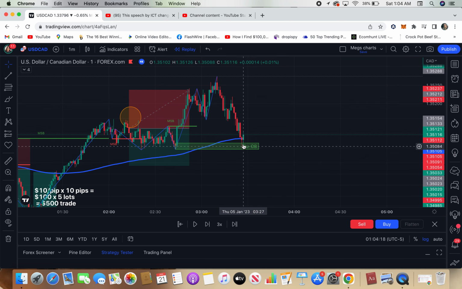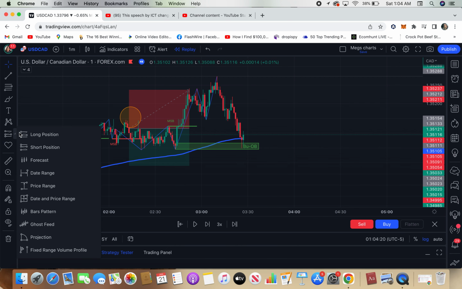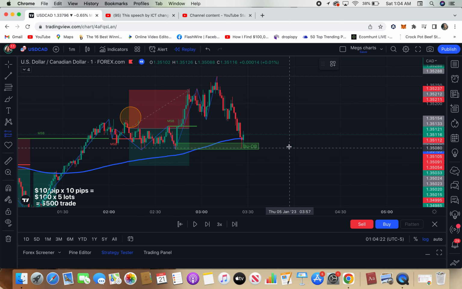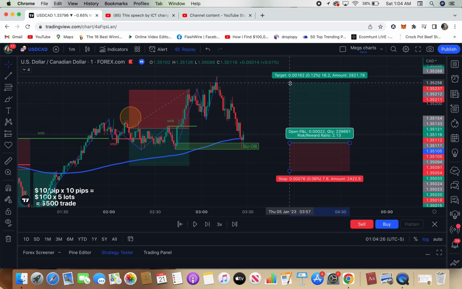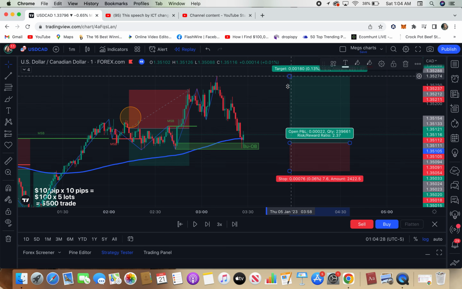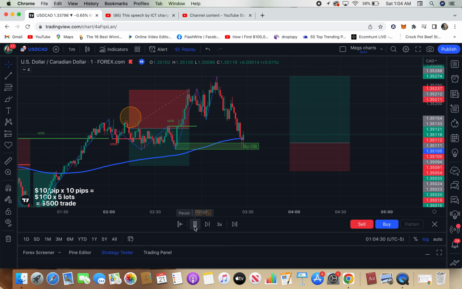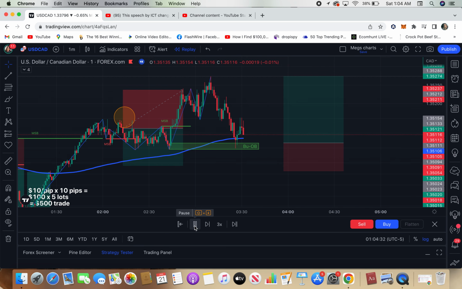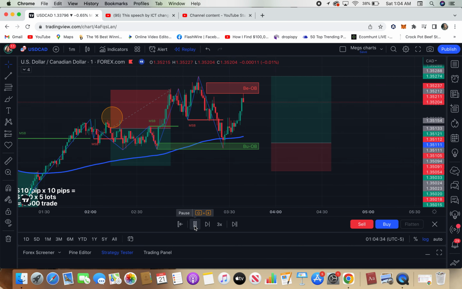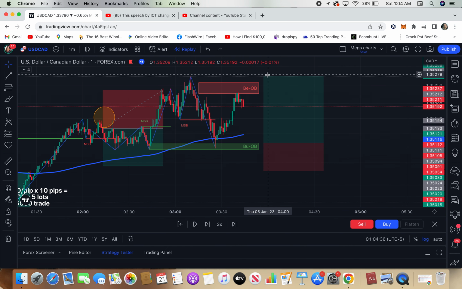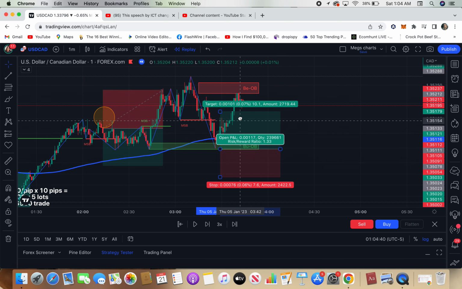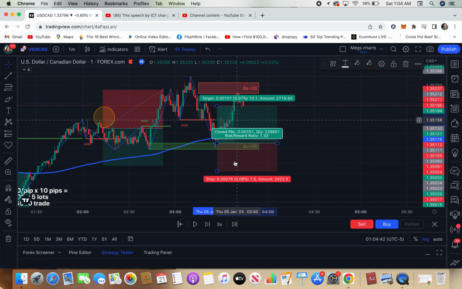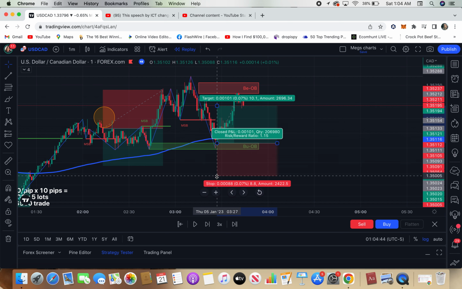So it's going to hit this order block and we'll see what happens. Could go for a long here. Target that. So there's your 10. You could have gone like that and you could have done a 10 pip stop.